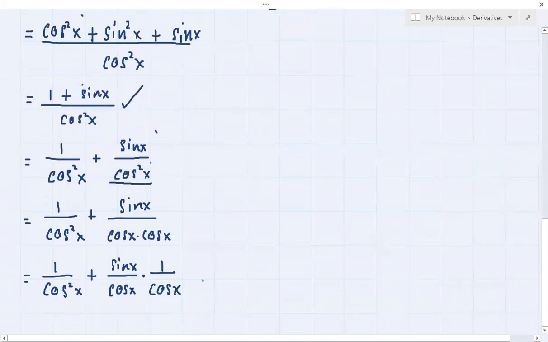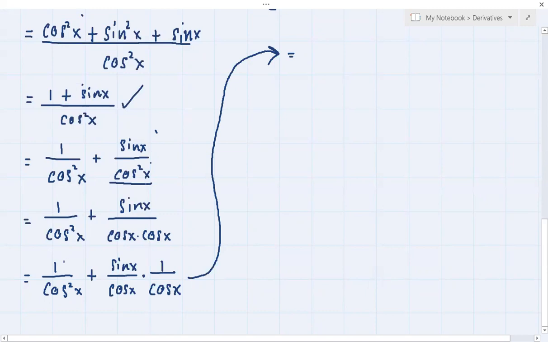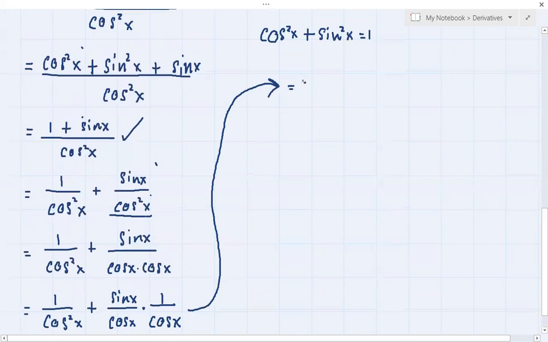Okay? I'm going to continue writing it here so I have space. So remember, secant x is the same as 1 all over cosine x. You remember that, right? So that means I can substitute 1 all over cosine x as secant x. In the first term, we have 1 all over cosine squared of x, so therefore I have secant squared of x.